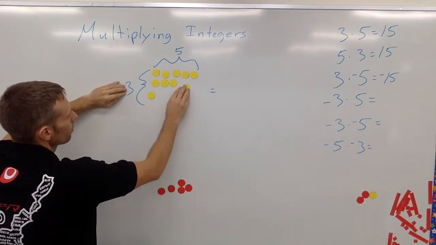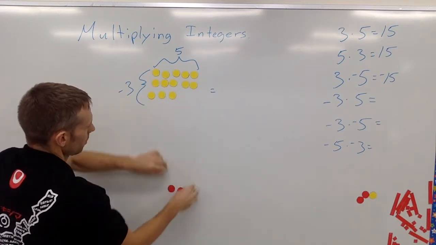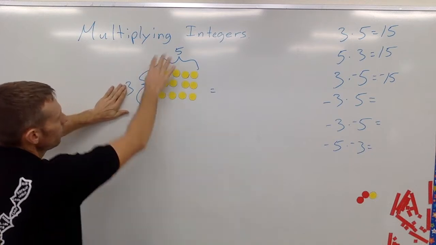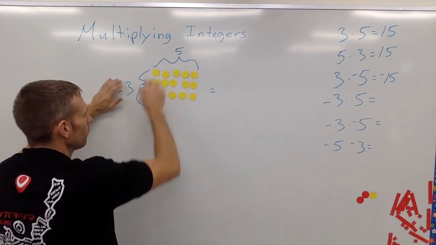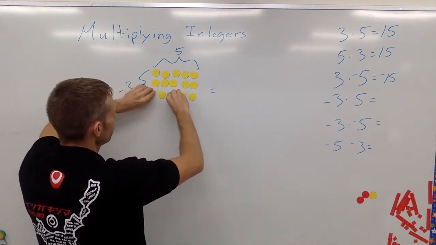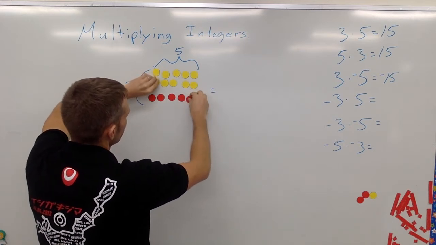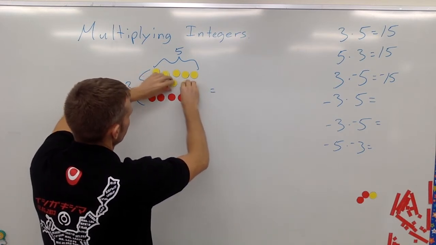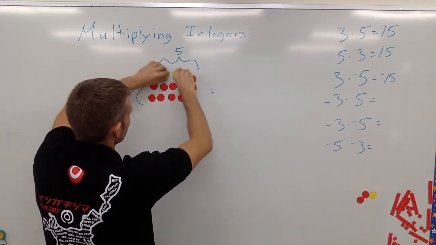If I had 3 groups of 5, I had positive 15. So 3 times 5 was 15. But if I have negative groups of 5, that means all of this becomes the opposite. Okay, so it's like the opposite of 3 times 5, negative 3 times 5.